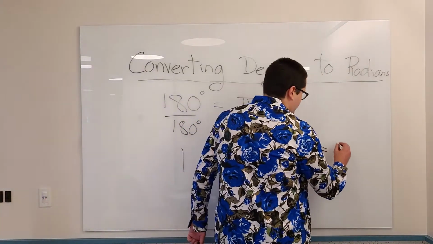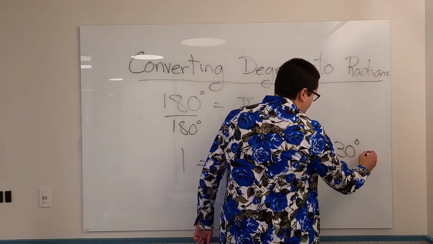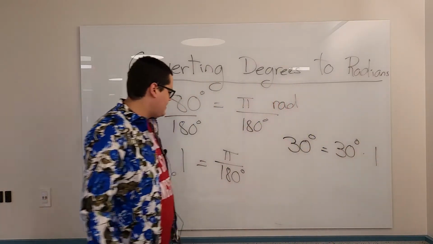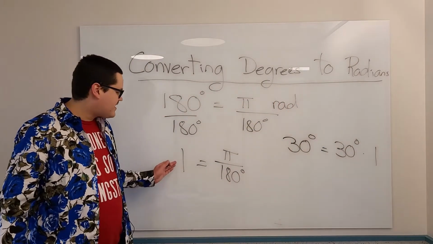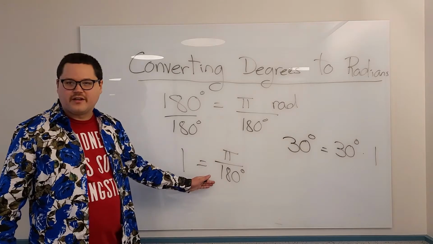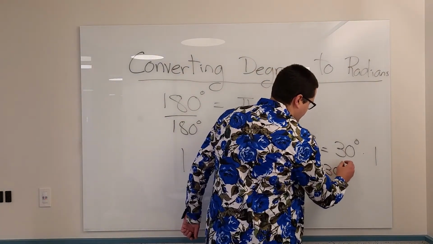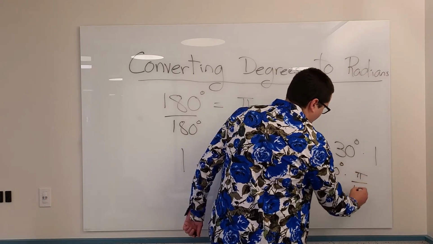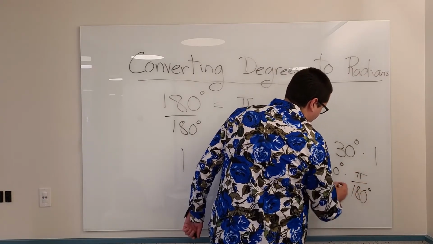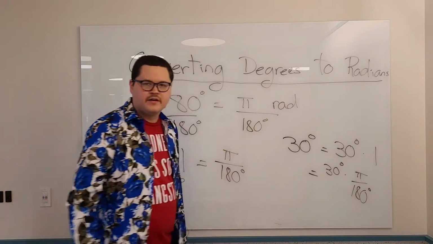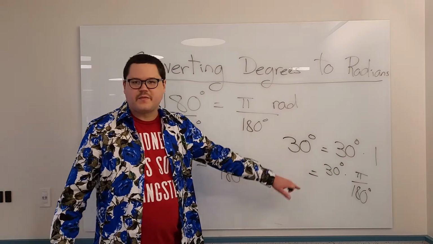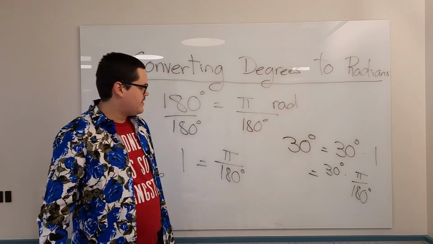So 30 degrees is 30 degrees times 1. And we just saw that the number 1 is equal to pi over 180 degrees. So 30 degrees times pi over 180 degrees.